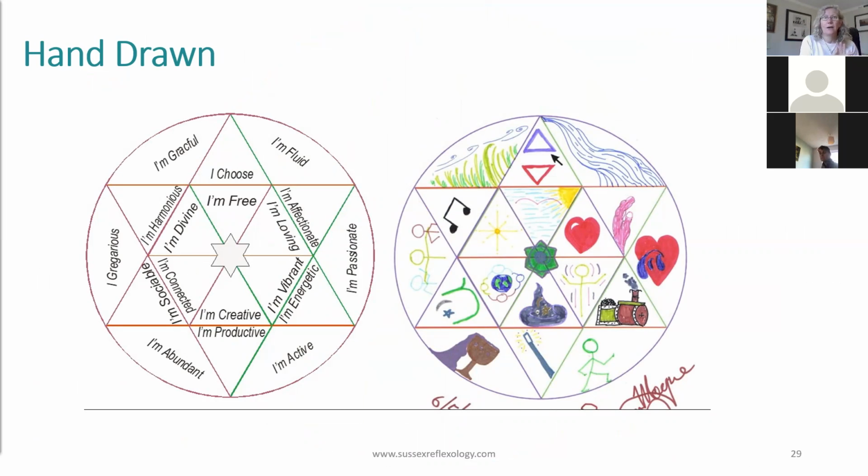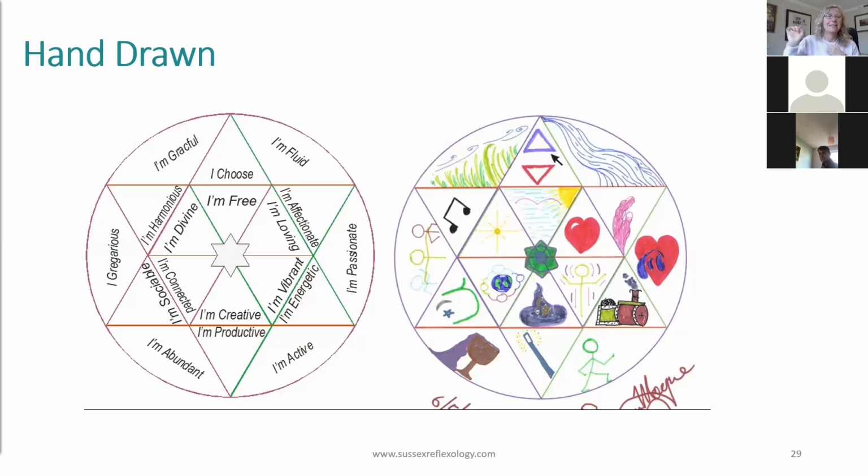And actually, in the group that I've recently been working with, the Resilient Reflexologist program, we had some amazing high self maps that were beautifully hand drawn, and then we had some that were just lots of color and lots of stick people, and then we had some that were created in PowerPoint.